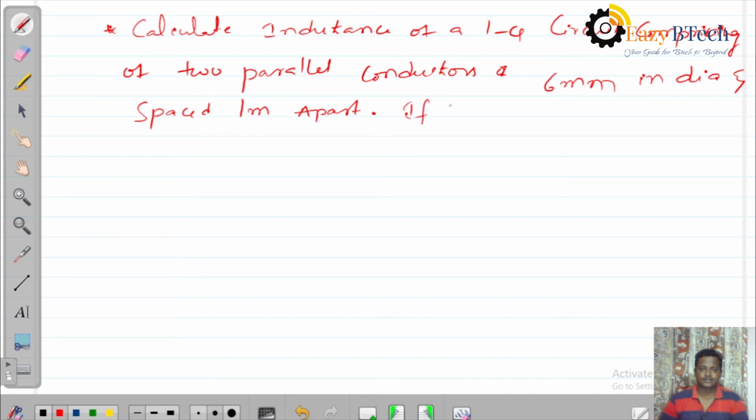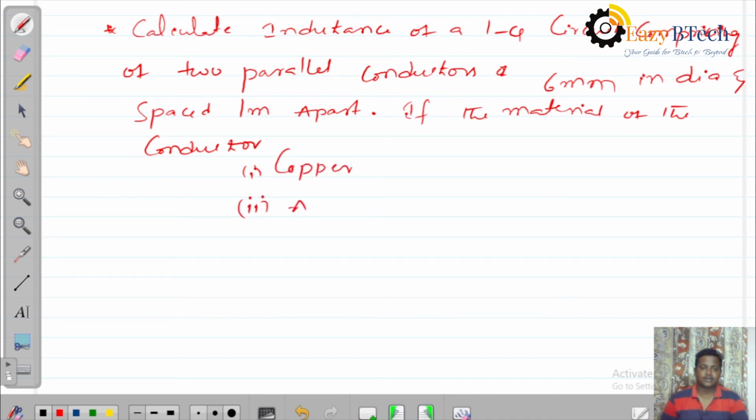The conditions are: if the material of the conductor, first case is copper and second case is aluminum.